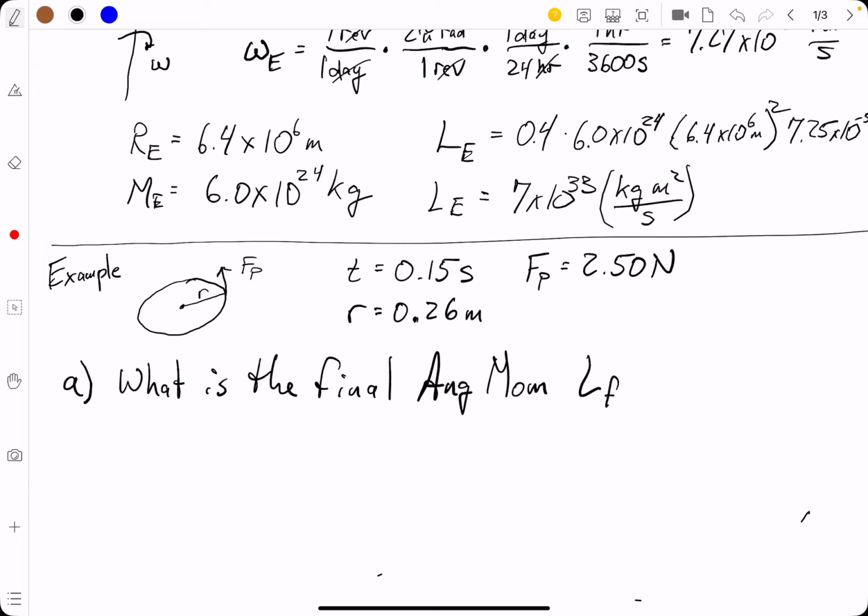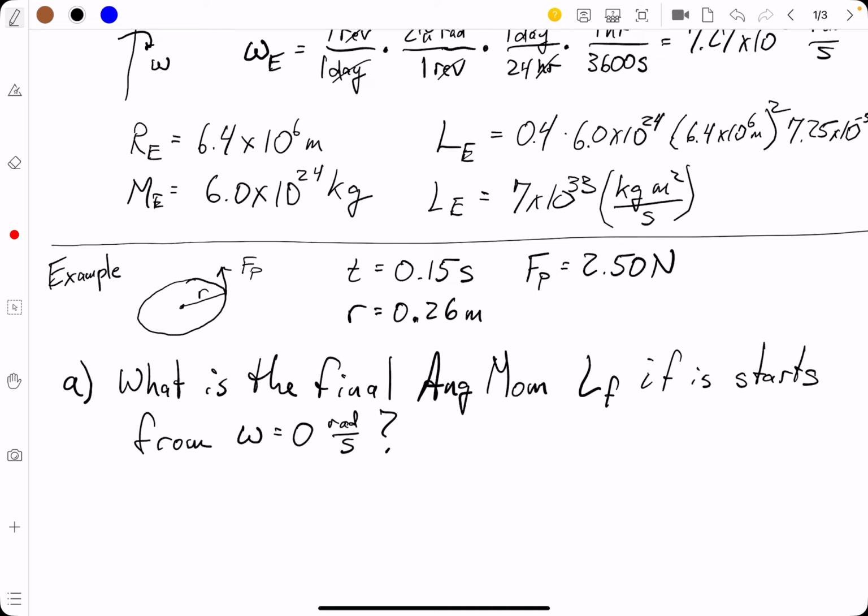If it starts from rest, omega equals 0 radians per second. Okay, so you can pause, see if you can figure it out.